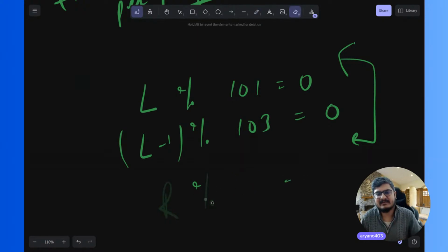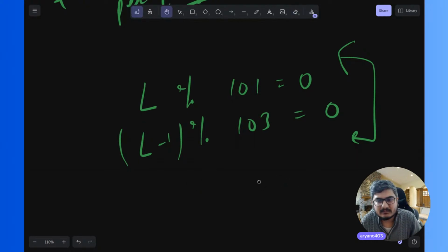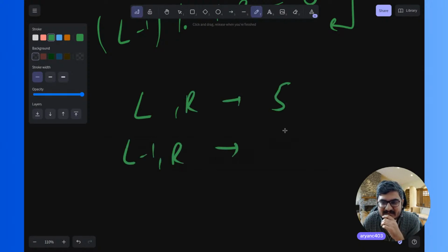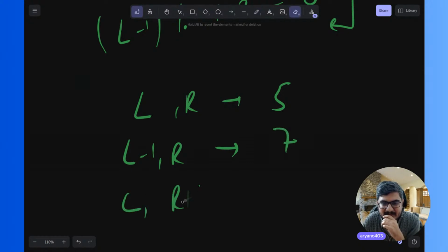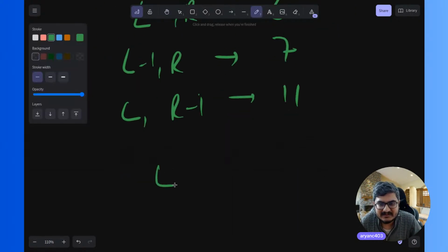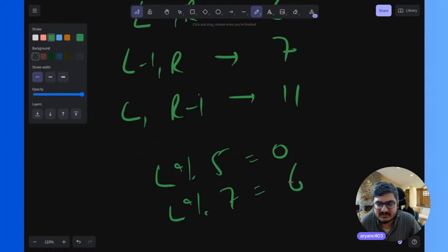I think we can try to construct a test case. For L, R, let's say the GCD here is 5. For L minus 1, R, let's say the GCD here is 7. For L, R minus 1, let's say the GCD here is 11. So what we need is L mod 5 equal to 0 and L mod 7 equal to 6.